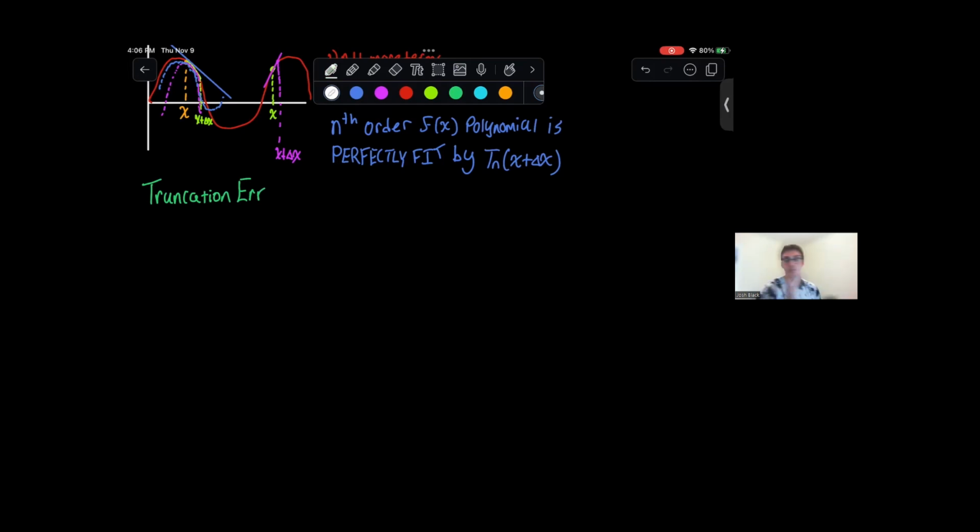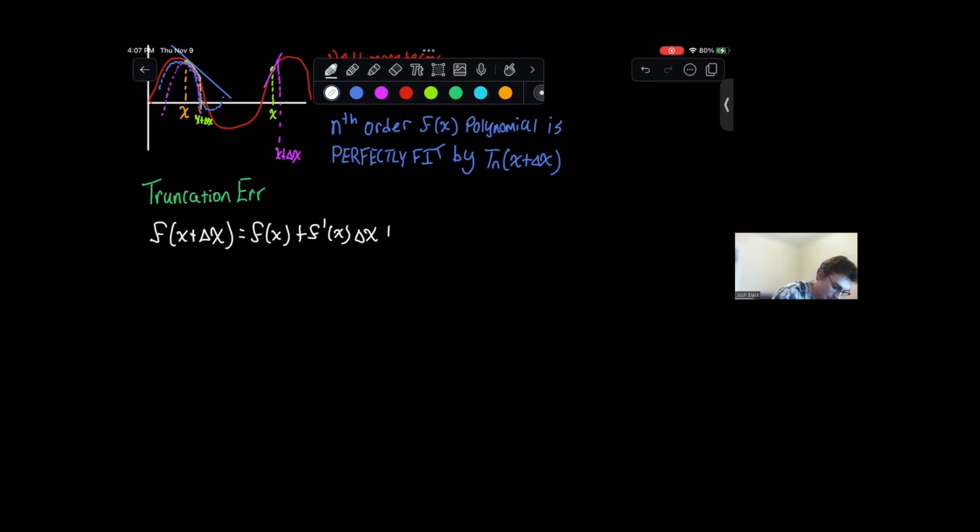So we know if we do, let's say, a first order Taylor series polynomial, we said that looks like this, equal to f of x plus f prime of x times delta x, right? Is that our full Taylor series? Well, no, we said our Taylor series goes on an infinite amount of times.